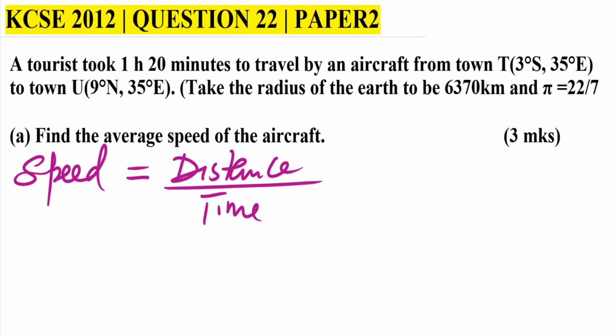In this case, the distance that you're supposed to get is the distance from T to U. So we need to get the locations of these places so that we establish whether they lie on the great circle or the small circle. So let's sketch.